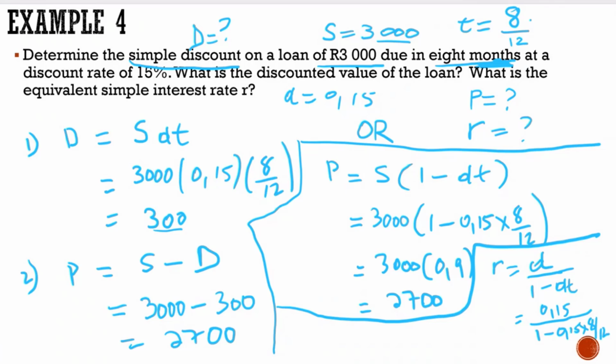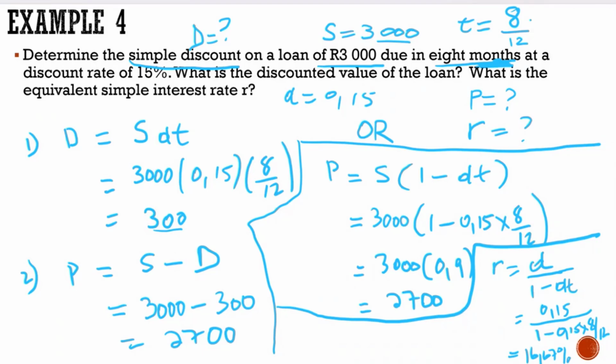You plug this into your calculator, you would find that your R is equal to 16,67 percent. So we have attended to all of the different variables.